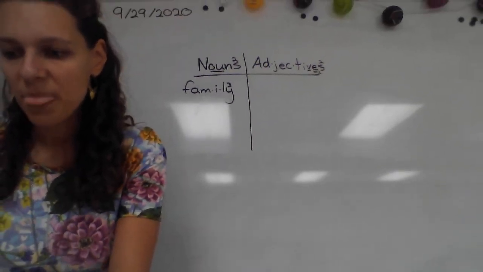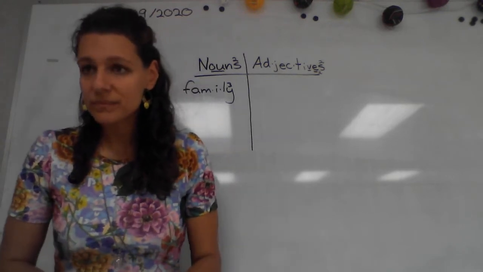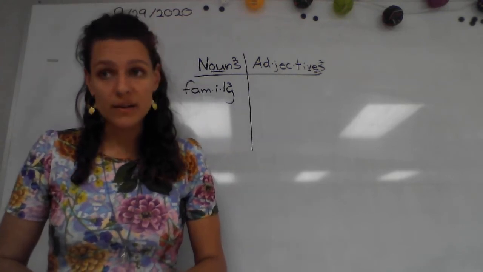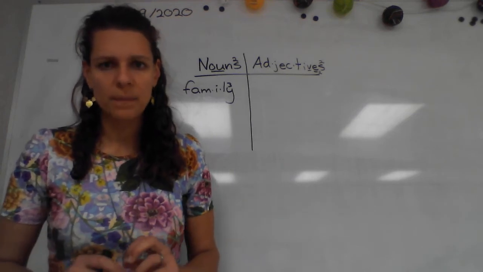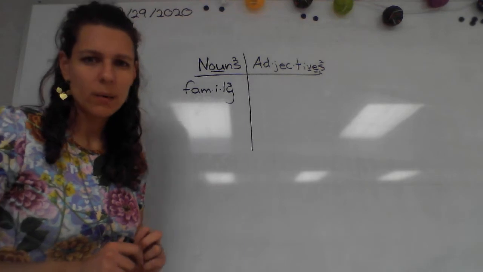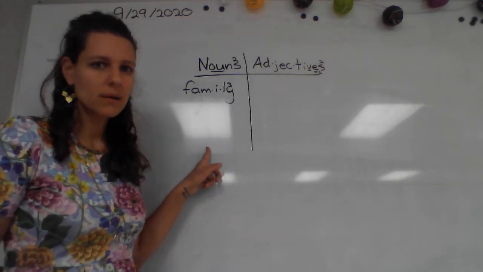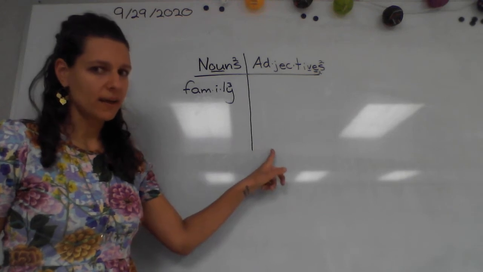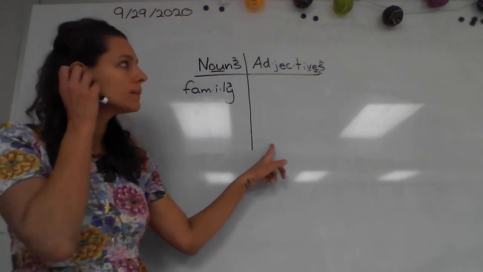All right, our next word is round. The water bottle is round. Round. All right, is round a person, place, or a thing? Or was it describing a noun?